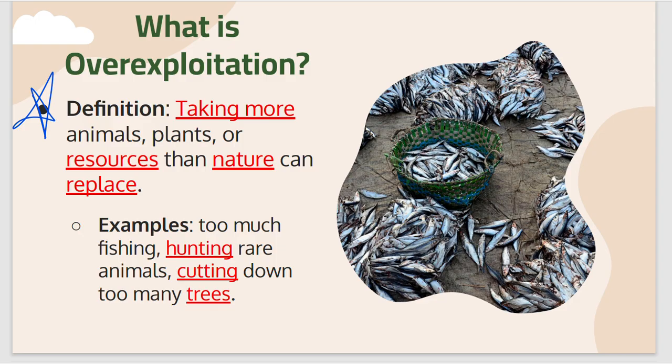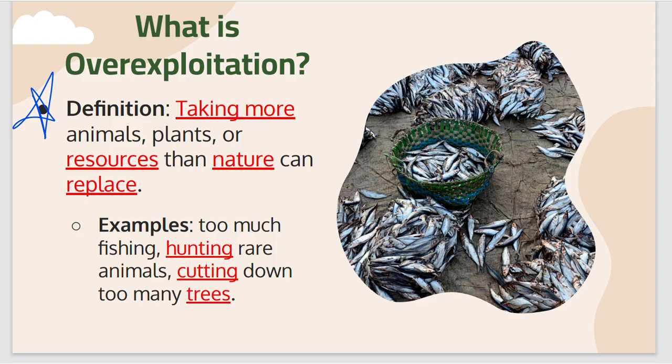And essentially, this is the idea of being selfish, of us taking advantage of nature and taking more than what we need, taking it faster than nature itself can replenish or provide back or replace.